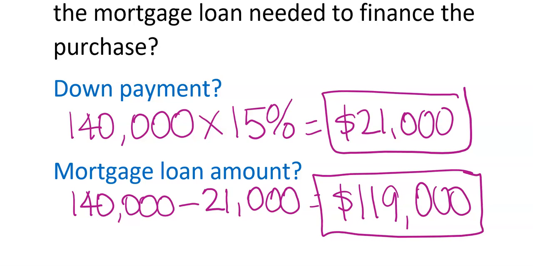So when these two sign their paperwork, they're going to have to write out a check for $21,000 right off the top, and then they will figure out the rest of the $119,000 split into payments.